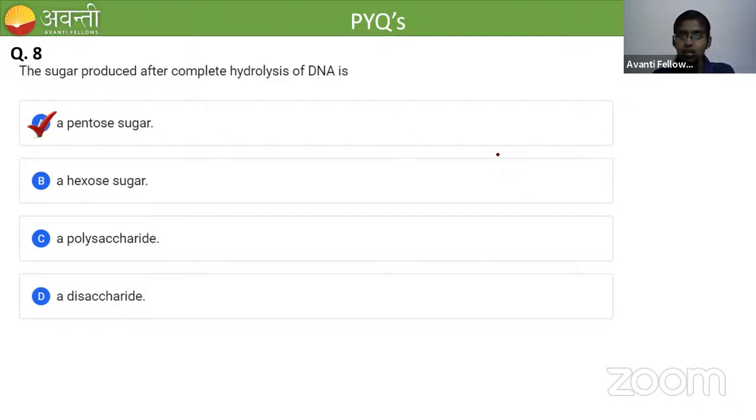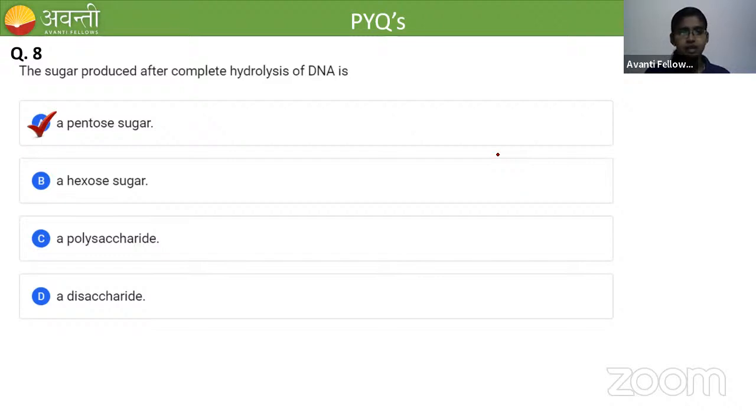So the complete hydrolysis will lead to a pentose sugar. Hexose is a 6 carbon containing system, and polysaccharide we will not get, and disaccharide is also eliminated. So DNA contains ribose sugar, and since it contains 5 carbons, it is a pentose sugar.